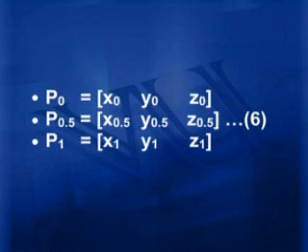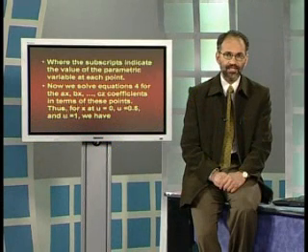So P0, P 0.5 and P1, these are the 3 points where the subscripts indicate the value of the parametric variable at each point. So in P0, 0 is indicating the value of u, the parametric variable. In P 0.5, the 0.5 is telling us that here the value of parametric variable u would be 0.5.